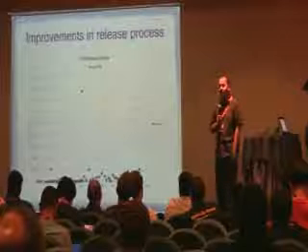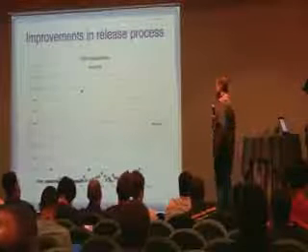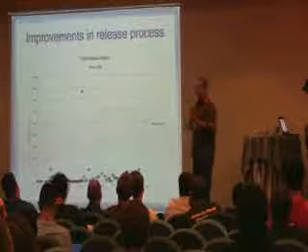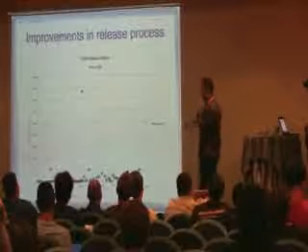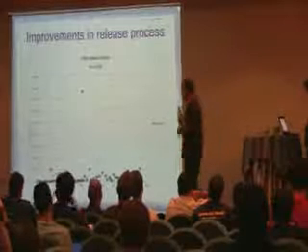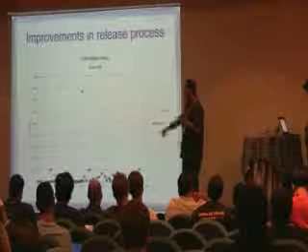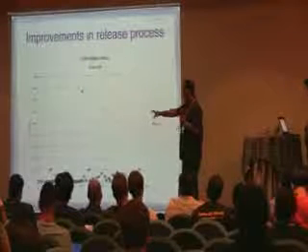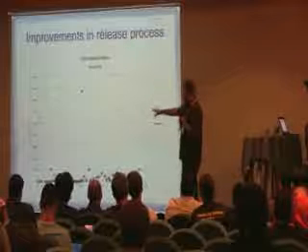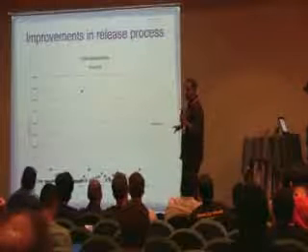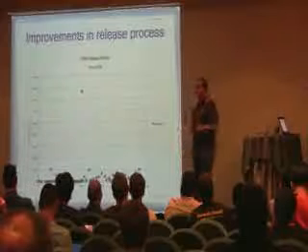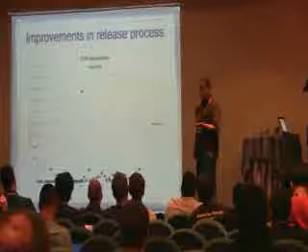This has created problems because, so this is a graph. I couldn't figure out the best way to do this in OpenOffice, so I ended up doing a scatter graph. But these are all of the releases over time with a number of change sets. And you'll see that, except for a few outliers, this is a relatively stable development process, and the releases are more or less just development snapshots.